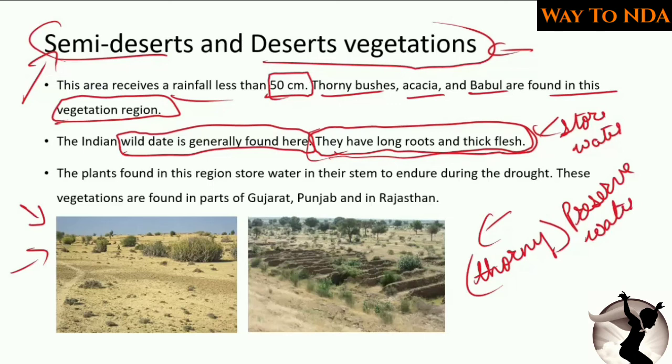So the plants found in this region store water in their stem to endure during the drought, and this vegetation is found in parts of Gujarat, Punjab and Rajasthan. In the areas of Gujarat, Punjab and Rajasthan you will find this type of forest.